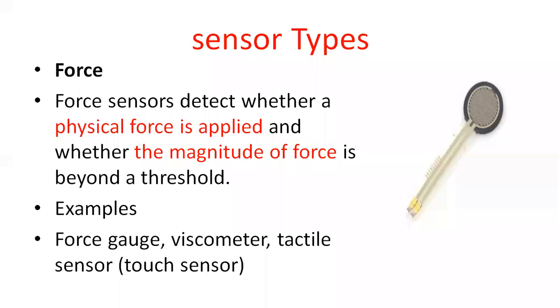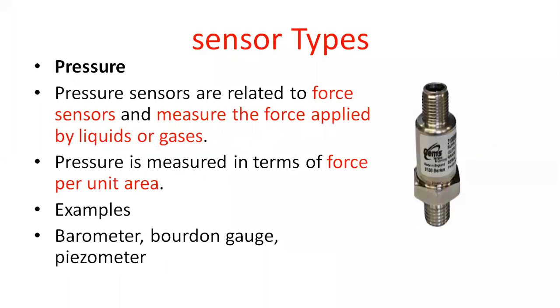A force sensor deals with physical force, but the pressure sensor, just like a pressure cooker, measures the force applied by liquids and gases. Pressure is measured in terms of force per unit area. That is a pressure sensor.